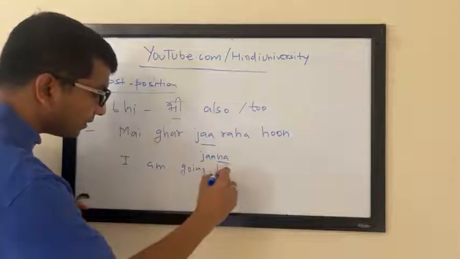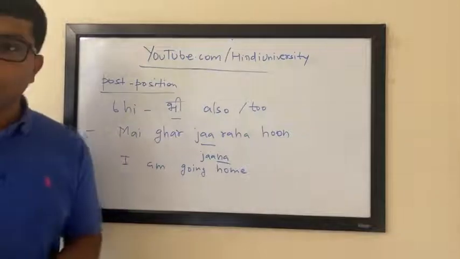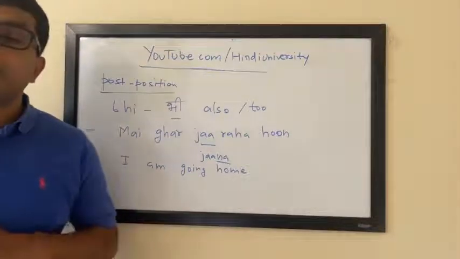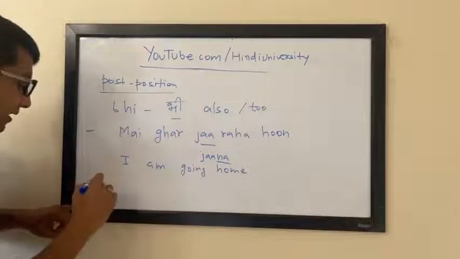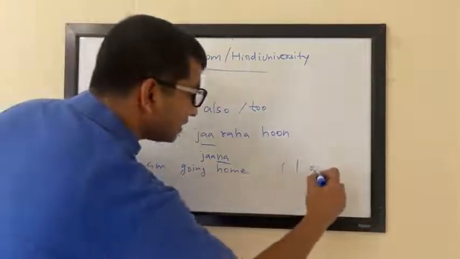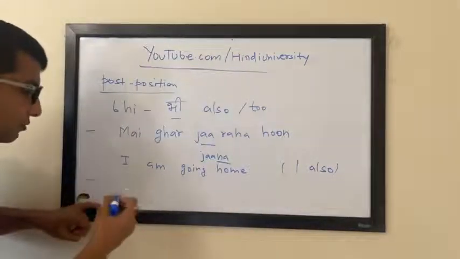But imagine if I'm talking to Taraji and I'm telling her that I'm going home, and she wants to say, hey, I am also going home. Okay, she can say, instead of saying I also, either she can say me too or I am also.